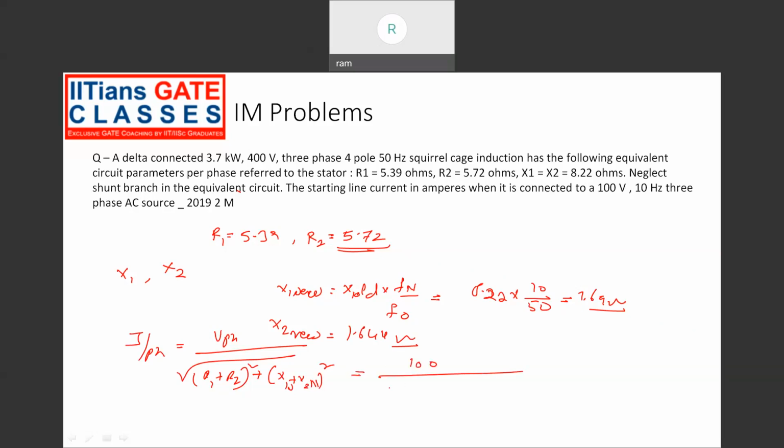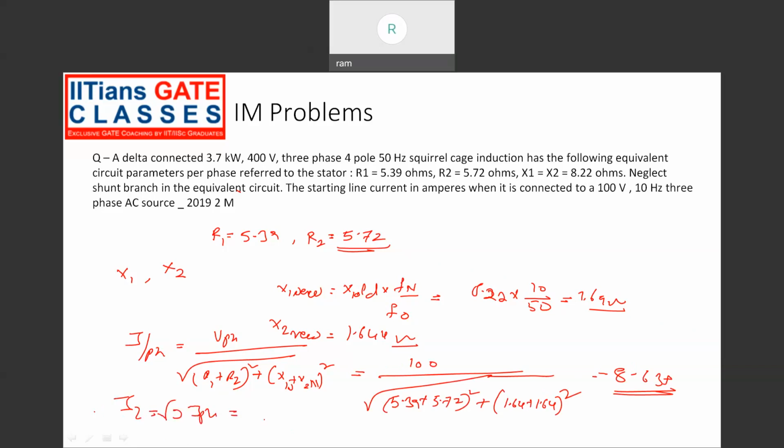The result is 63 amps. This is the per phase current, given by I phase.